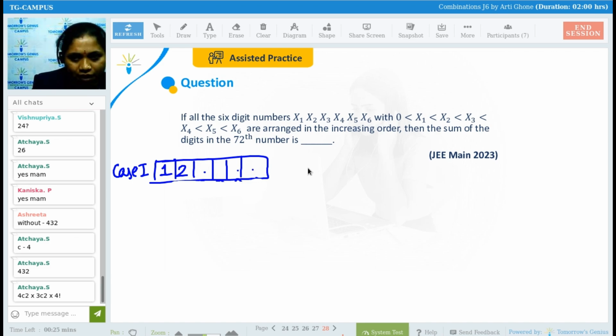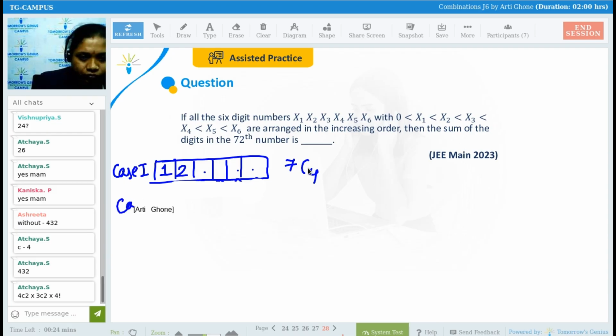So 4 places are left, and how many digits are with us? So the first case is 7C4. Clear? Is there any small doubt why I fixed 1, 2? The smallest 2 digits forming a 6-digit number are 1 and 2 only. Okay. So this is case 1.